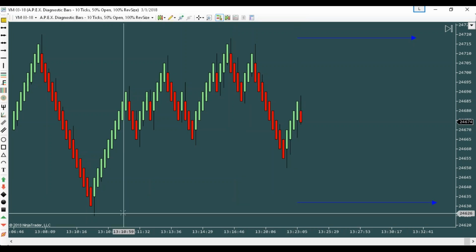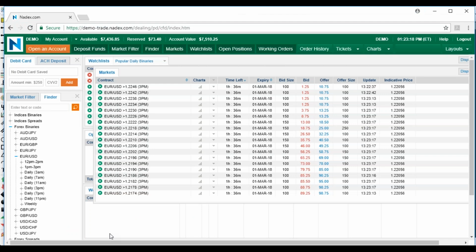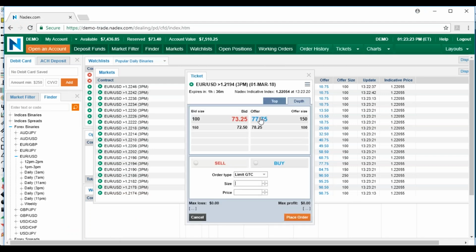But that also means I'm technically risking what? If I find a binary that I can get for about 75 bucks, I'm technically risking 75 to make 25. So I could potentially make about 25, but I'm risking 75. Well, we don't really like those odds, do we?